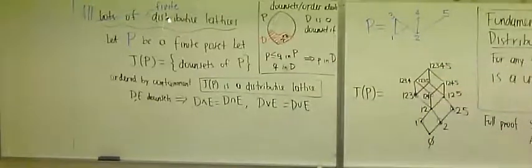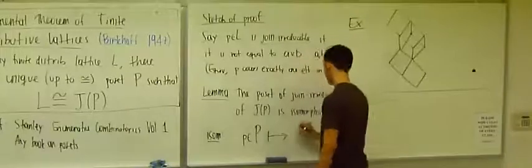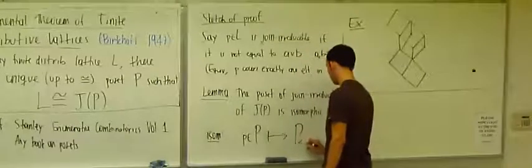So the bijection, the isomorphism, is that to each element of P, I associate what I might call P sub less than or equal to little p.